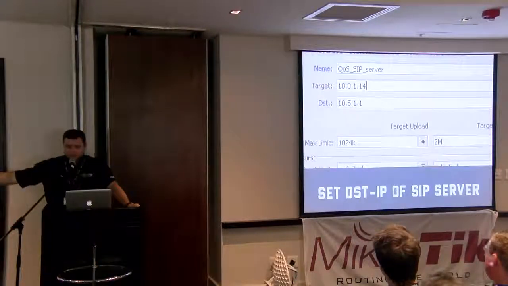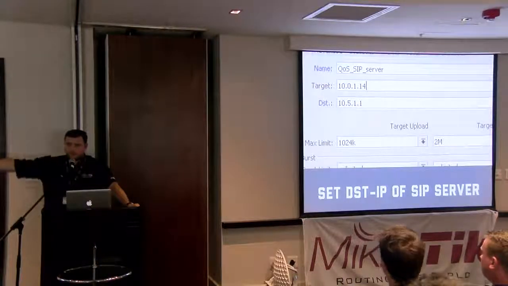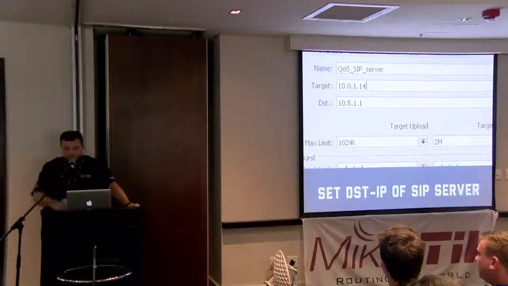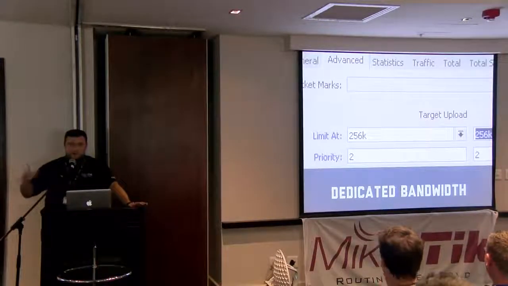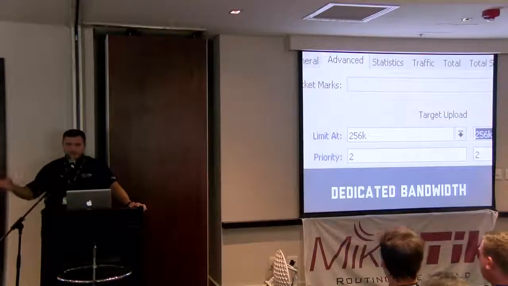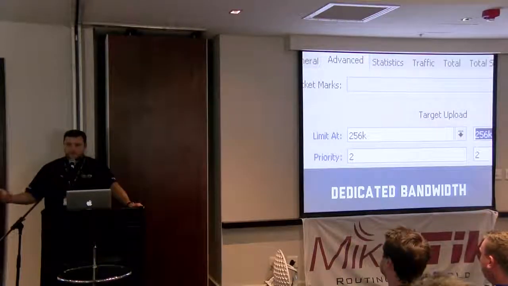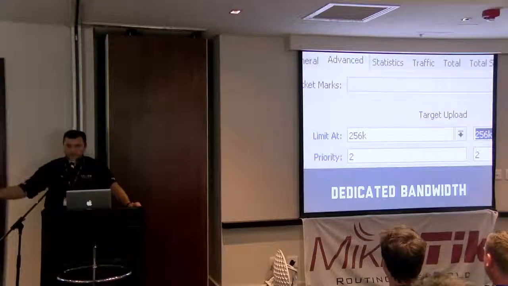I have the target, and I set up the destination IP. This is the IP of my SIP server. I can set up the dedicated bandwidth, which is called limit at. If you work with queues, you know that there is the concept of max limit and limit at. Limit at is the dedicated bandwidth to a customer, to an application, or to a type of traffic.